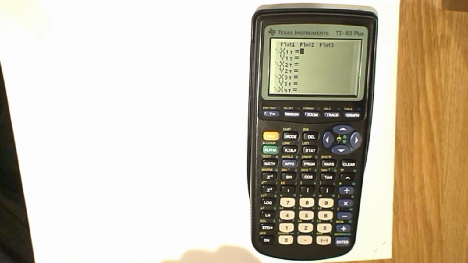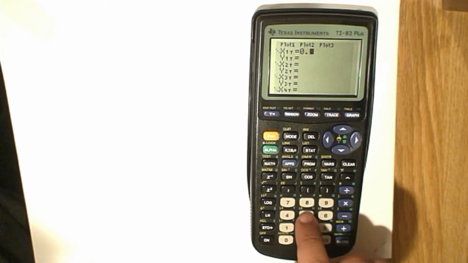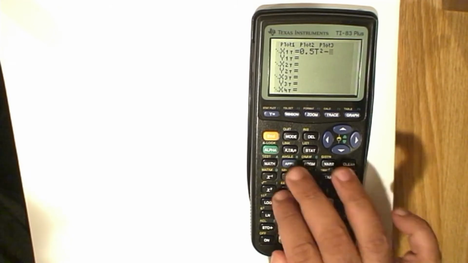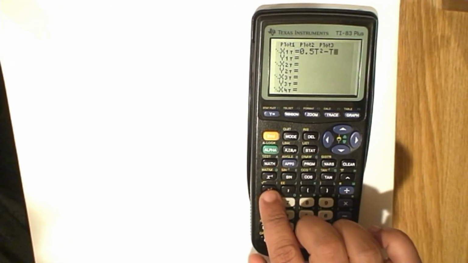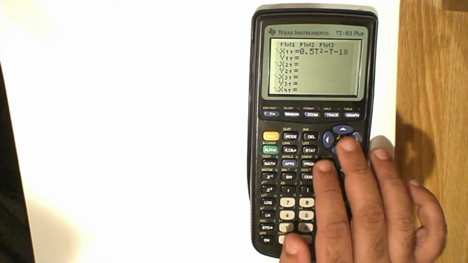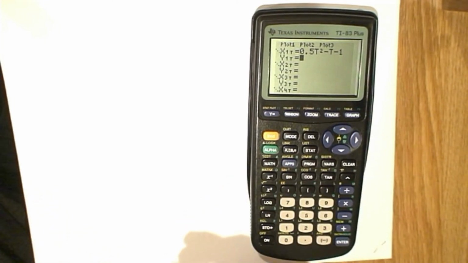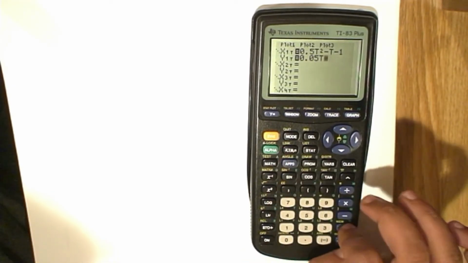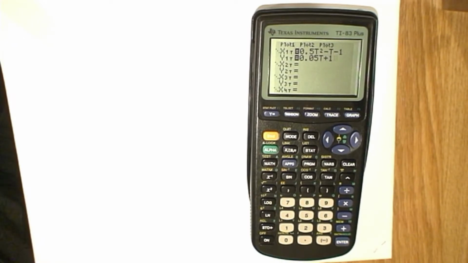A parametric function is one where both x and y are functions of time. So for x, I will punch in the position function that we used. So that's 0.5 t squared minus t minus 1. And for y, I'm just going to put in some dummy function so that we can clearly see when the particle reverses course.